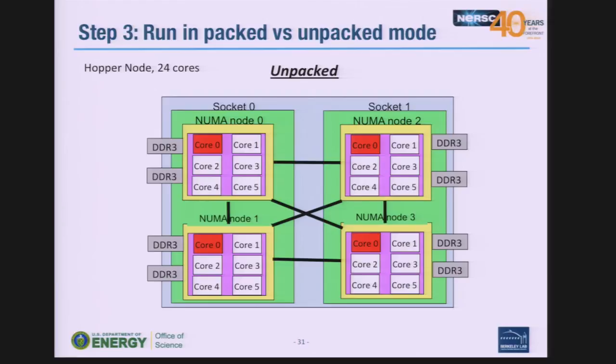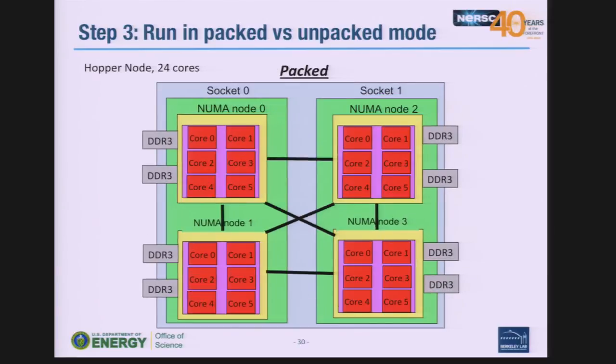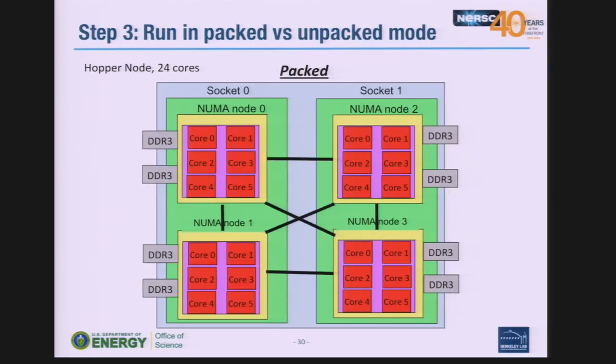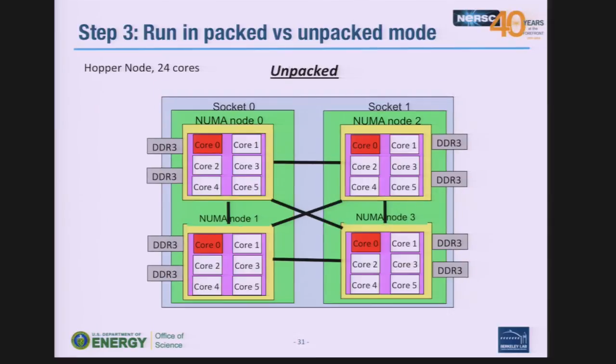If you've laid out your memory correctly, your cores here should be accessing the memory that's closest to you. On a single node here there are 24 cores. So I'm telling you to run one case that's packed and one case that's unpacked, and you're going to have to use 6 of these nodes in order to do that.